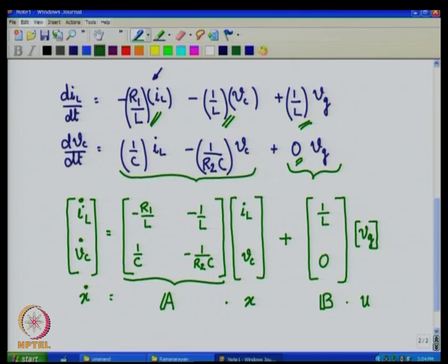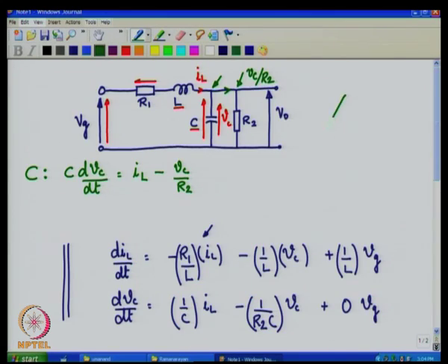So, notice that this equation is in the form x dot equals Ax plus Bu, and this is nothing but the state equation for the second order system or second order circuit as shown here, the RLC circuit.